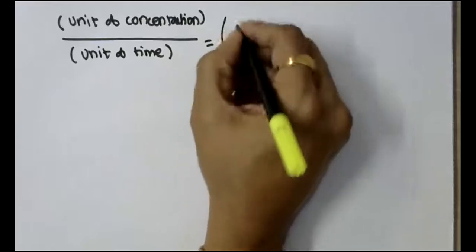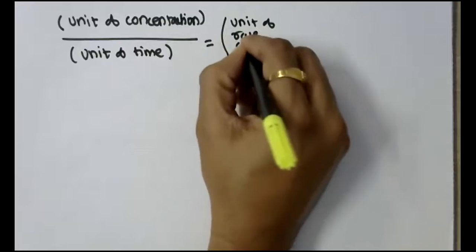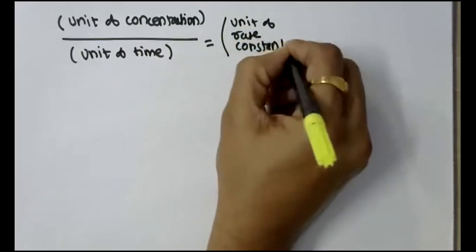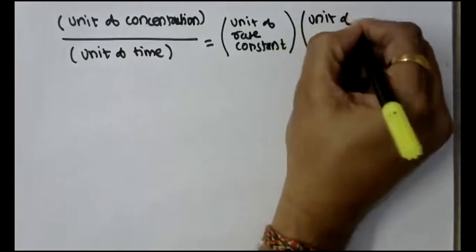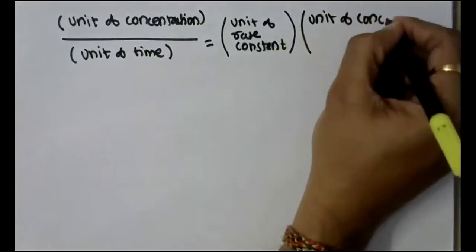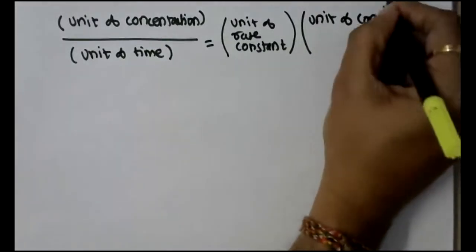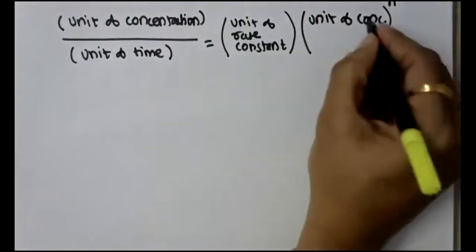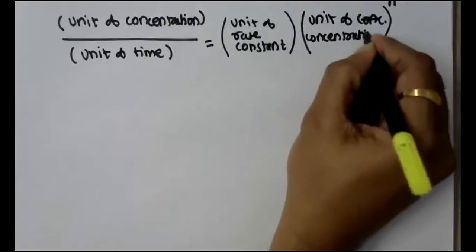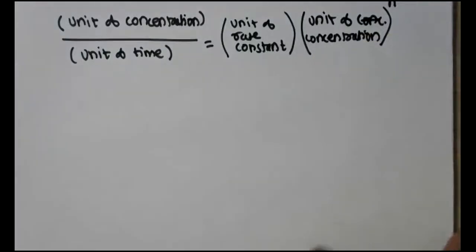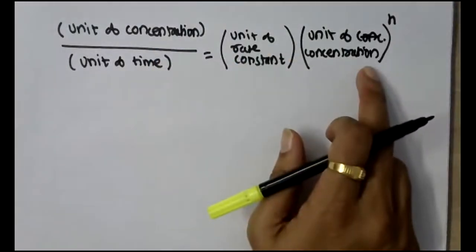So now unit of rate is equal to unit of rate constant multiplied by unit of concentration raised to n. You may write it completely also. Now you can see unit of concentration and unit of concentration raised to n.